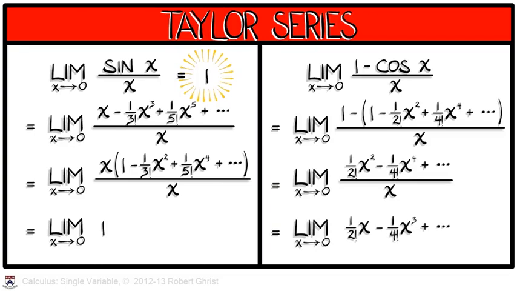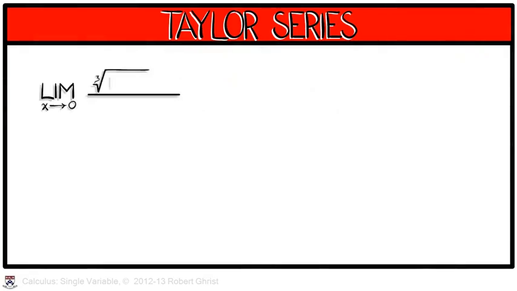When I divide that by x, I get the limit of x over 2 factorial minus x cubed over 4 factorial plus higher order terms. There's no 0 over 0 ambiguity anymore. This limit is precisely 0.